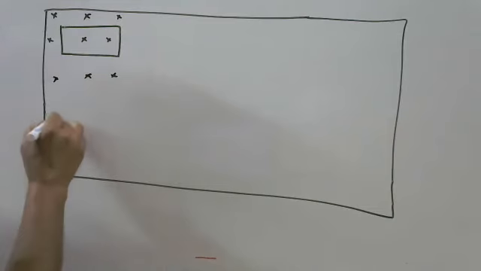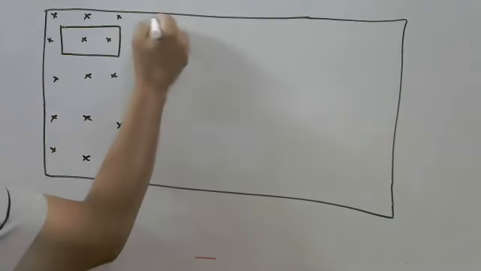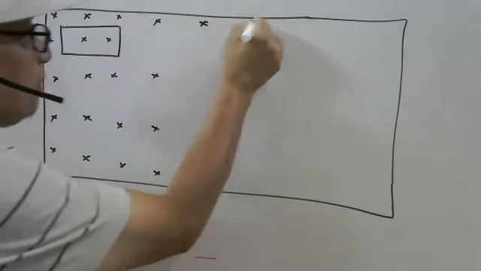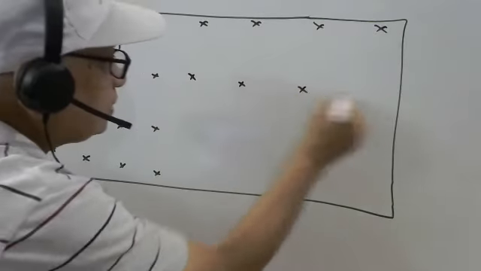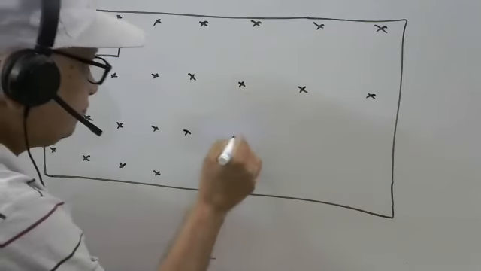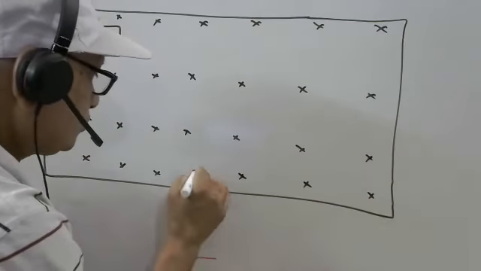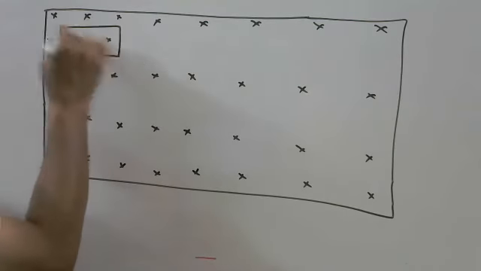In the whole area the magnetic field is there. Cross means inward magnetic field.